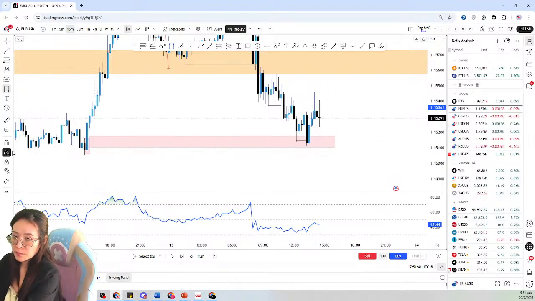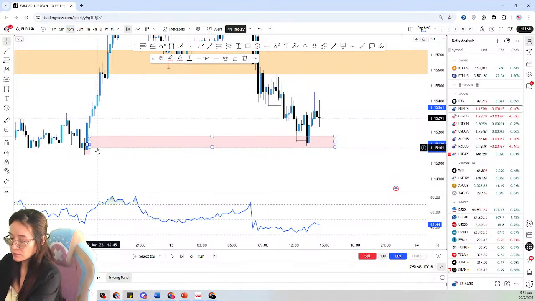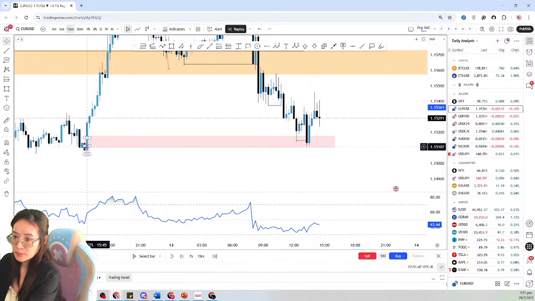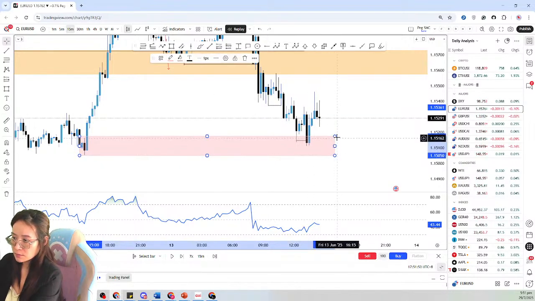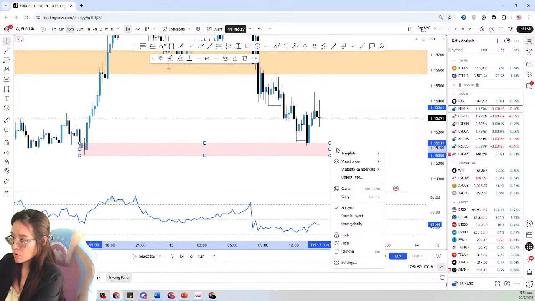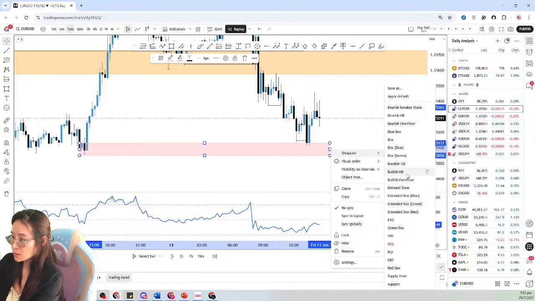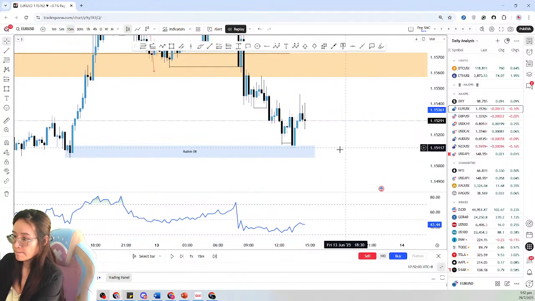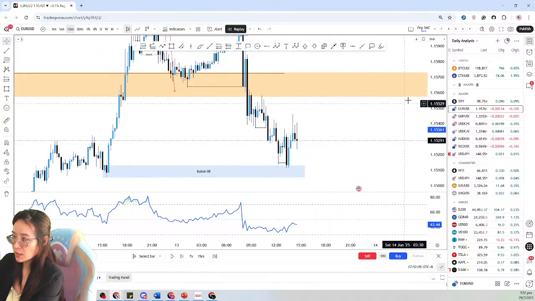So whenever you sell from the top, this could be a take profit. This one could be a take profit. Price falls all the way to your bullish OB right here, and then rises.